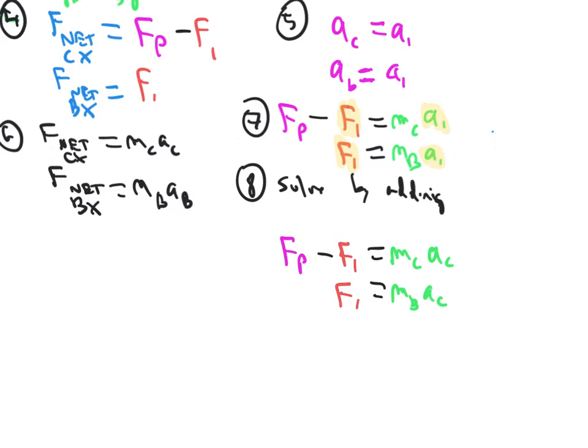So when I add this equation to the other equation, FP just comes along, and then something kind of magical happens, which is that minus F1 plus F1, those go away. And I'm left with MC A1 plus MB A1, which I would certainly factor out.